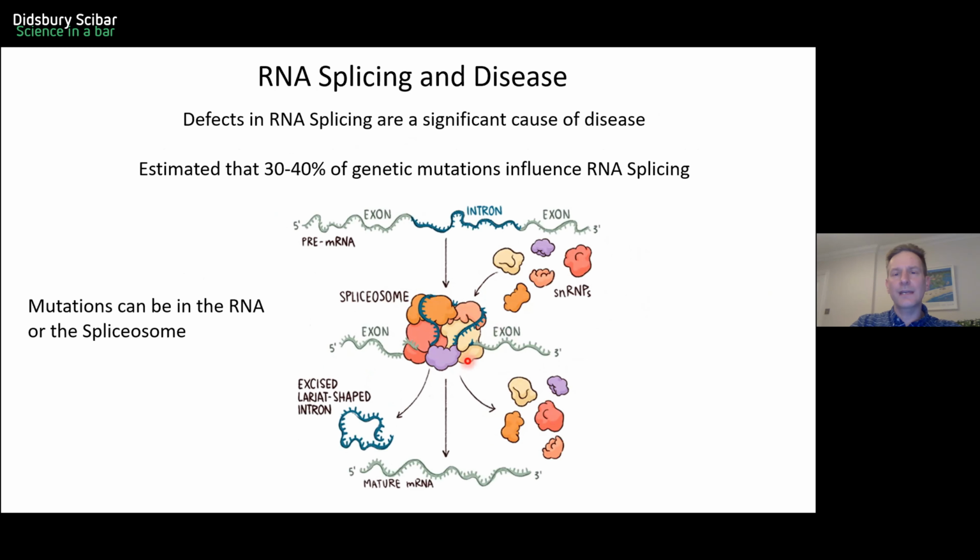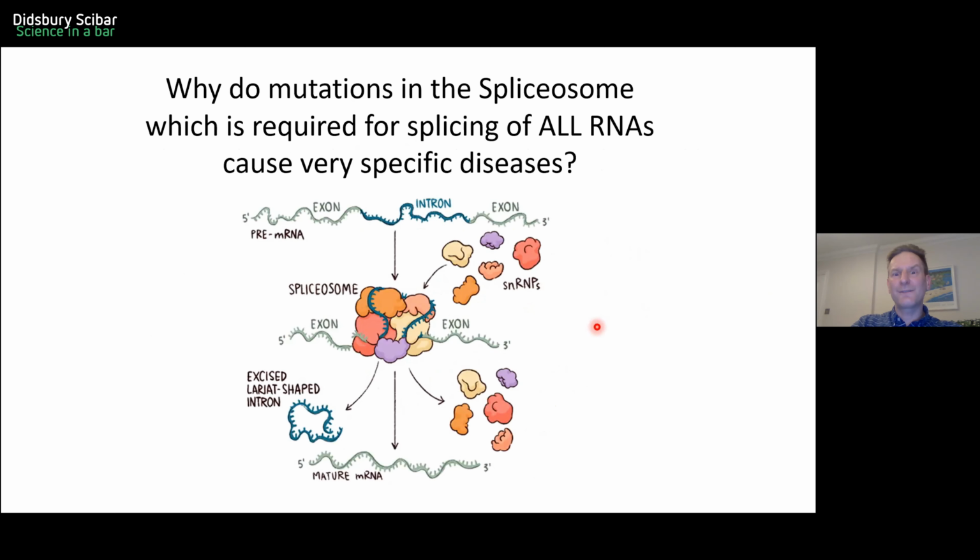If you had told me 10 or 15 years ago that a mutation in the spliceosome would give you disease, I would have said you're crazy, because the spliceosome is essential. Splicing is required for every messenger RNA in every cell in the body. If you mess up splicing, you're probably not going to be alive. It's going to be really bad.